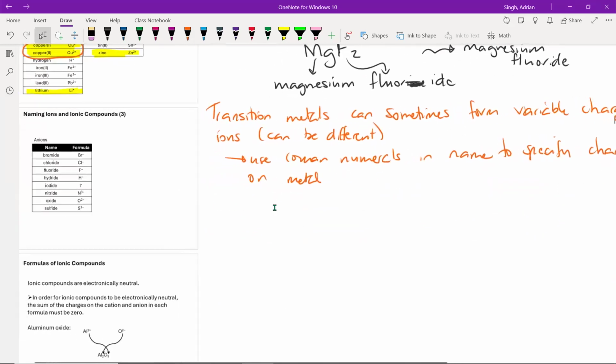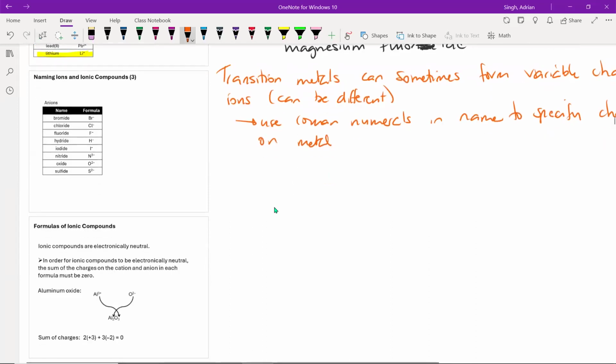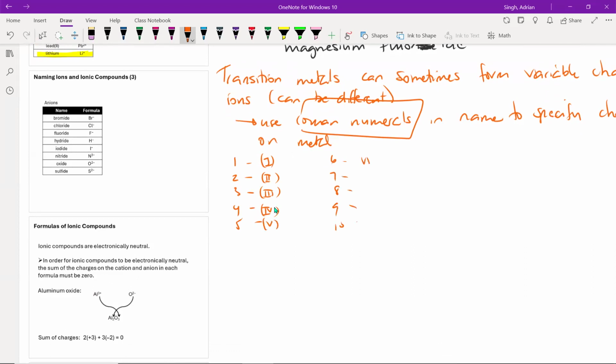The transition metals in the middle of the table are a little bit trickier. Let's talk about Roman numerals first. Revisit what those are. So the Roman numeral for 1 is I. We put that in parentheses. Roman numeral for 2 is II. 3 is III. 4 is IV. 5 is V. 6 is VI. 7 is VII. 8 is VIII. 9 is IX.